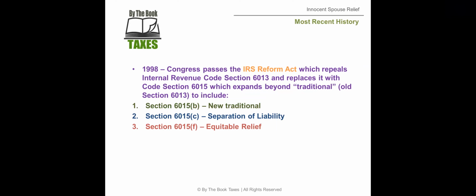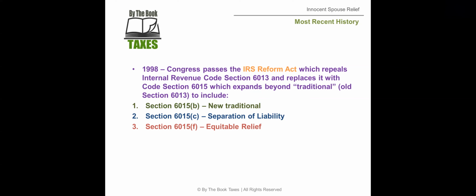In the last two presentations, I went over a little bit more expanded legislative history of innocent spouse, which really dates back to 1938 when Congress passed legislation putting into place joint and several liability. I'm not going to go through all of that again. Suffice it to say, the most recent legislative act regarding innocent spouse was in 1998.